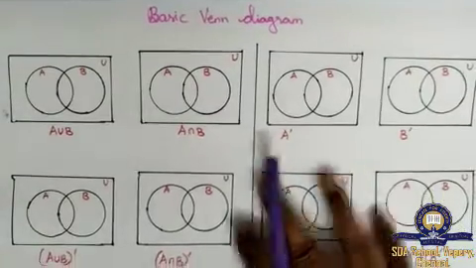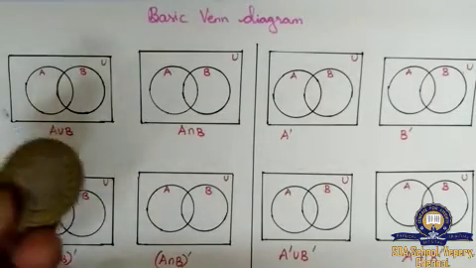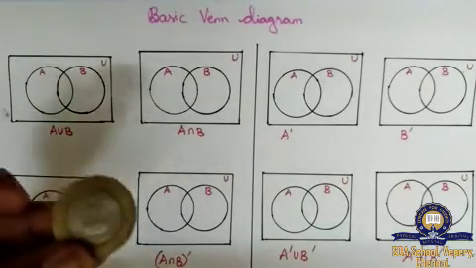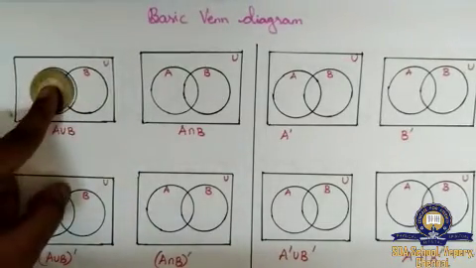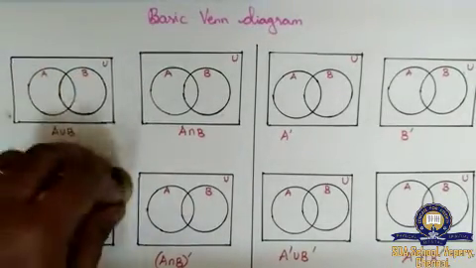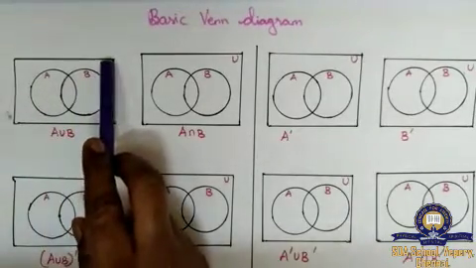See, I have drawn a Venn diagram with the help of a coin. Using your 10 rupee coin or 5 rupee coin, whichever coin you have, you can draw the circle diagram like this. So this is the A set and the B set. This is the universal set.